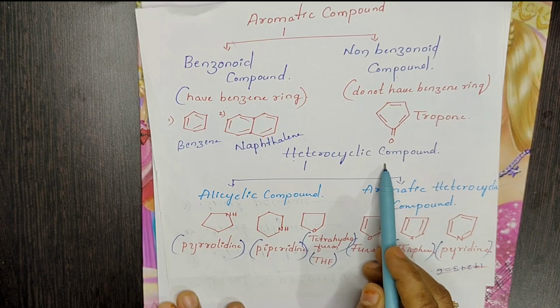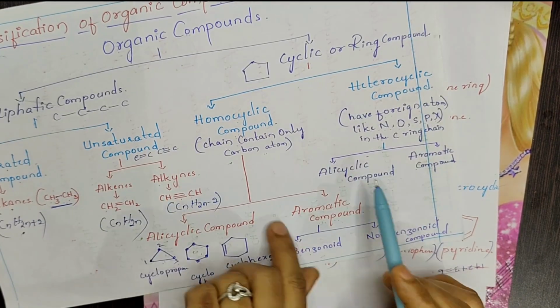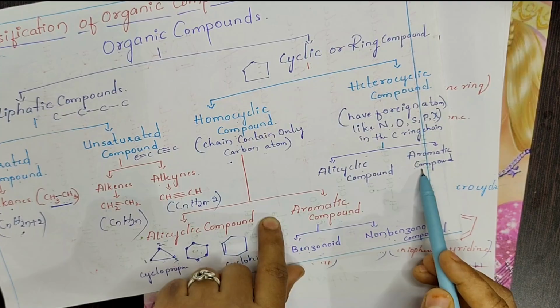Next, heterocyclic compounds. Heterocyclic compounds are classified into two types, alicyclic compounds and aromatic compounds.